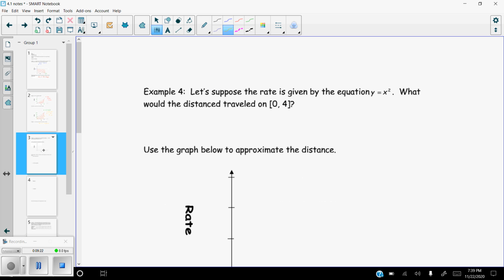What if, however, we have something like y equals x squared, and we want to know the distance traveled between 0 and 4? Y equals x squared is clearly not a regular geometric shape that we know the area of.